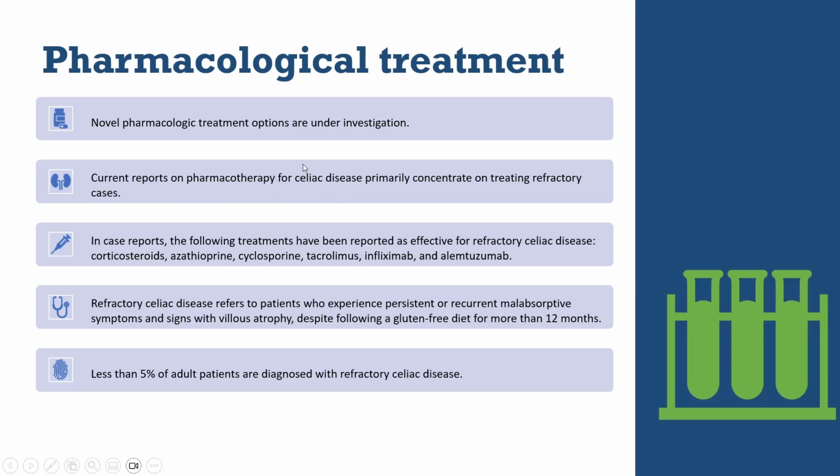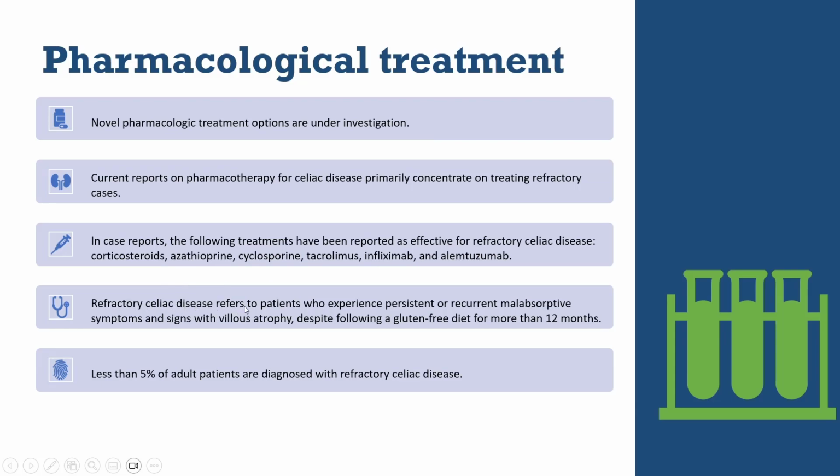Coming to the pharmacological treatment, novel pharmacological treatment options are under investigation. Current reports on pharmacotherapy for celiac disease primarily concentrate on treating refractory cases. In case reports, the following treatments have been reported as effective for refractory celiac disease: corticosteroids, azathioprine, cyclosporine, tacrolimus, infliximab, and alemtuzumab.